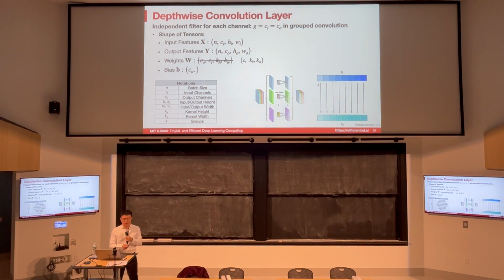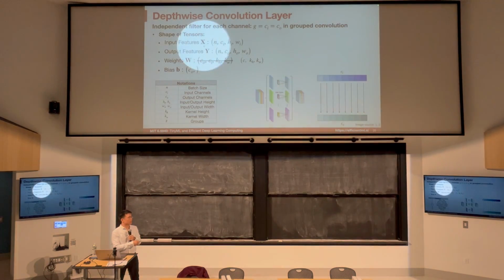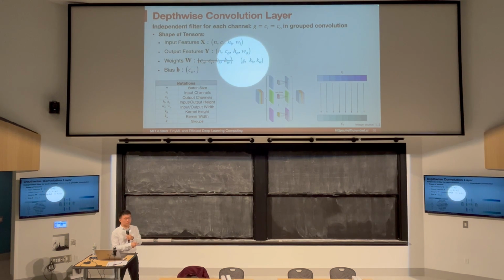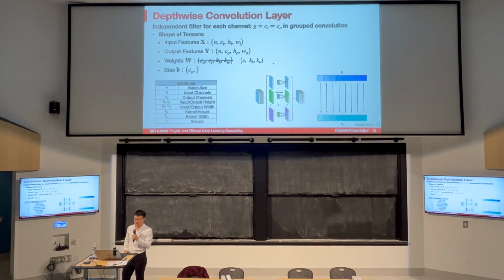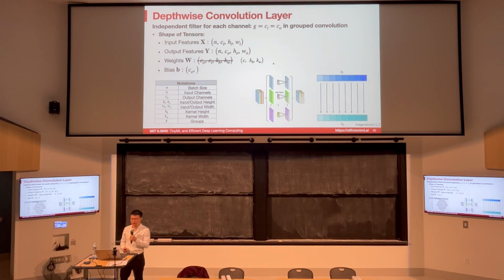The number of input features and output features stays the same, and the number of weights will be C, which is the same for C_I and C_O. So we just use C times K_H times K_W, which is the extreme case of group convolution, called a depthwise convolution layer, which has been quite widely used since 2015, 2016, when MobileNet was invented.